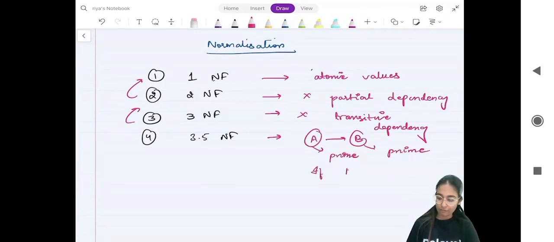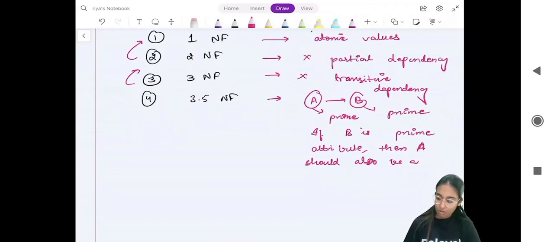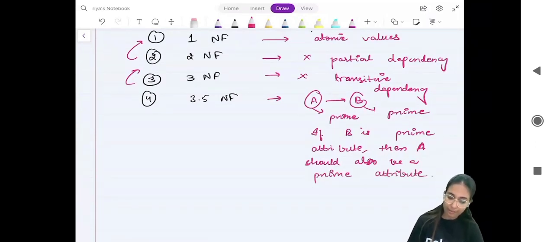That means if B is prime attribute, then A should also be a prime attribute.